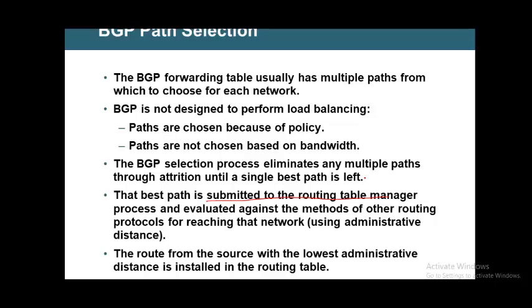Because it is given by BGP, it is not going to give more weightage. It will give importance if administrative distance is lower than any other source for the same destination.